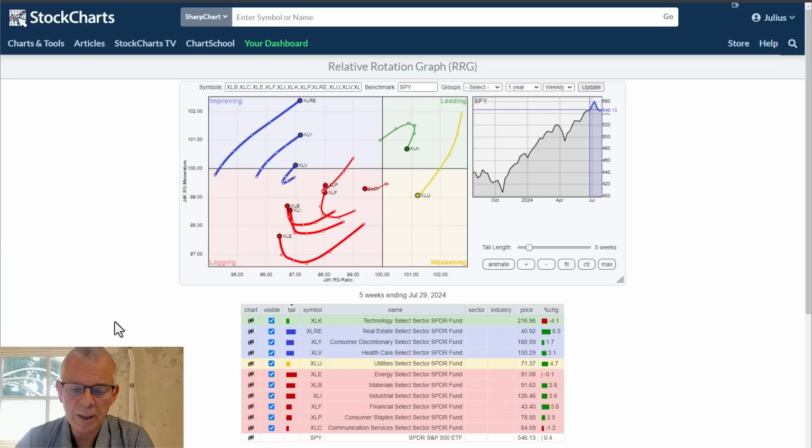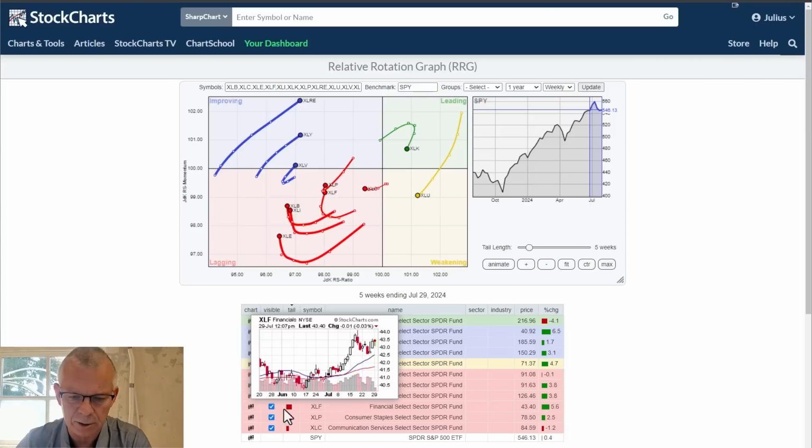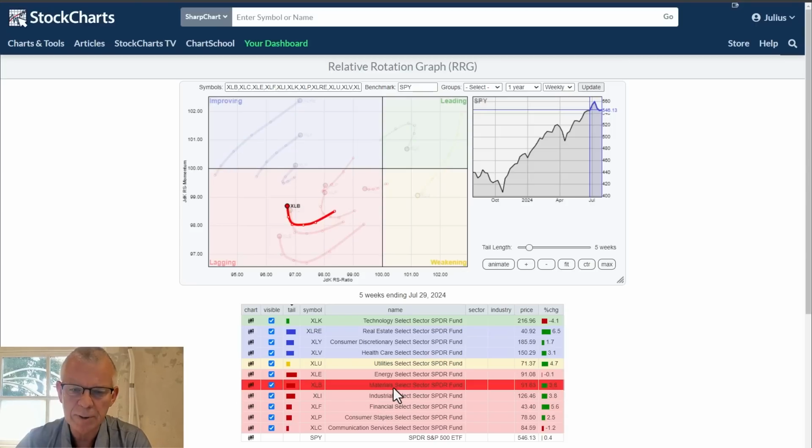Now, when we bring up the RRG for the sectors, let's try to isolate those three sectors that I just mentioned. So here is materials, and that's interesting because from a seasonality point of view, this one is expected to underperform the S&P 500. But if you look at this tail, it has just started to pick up the pace versus the S&P 500. It's actually improving.